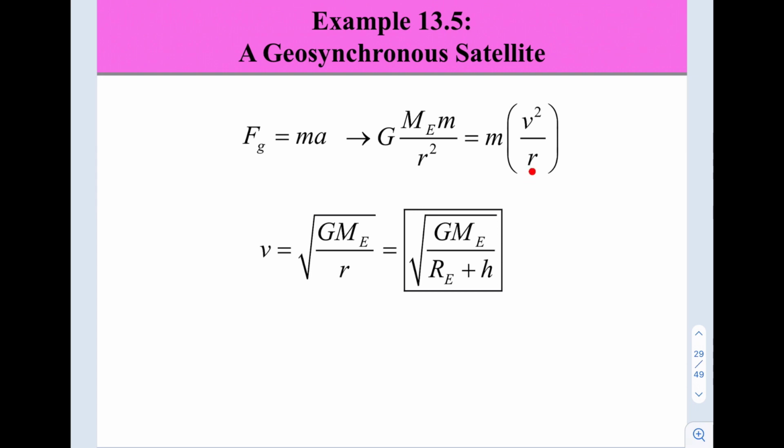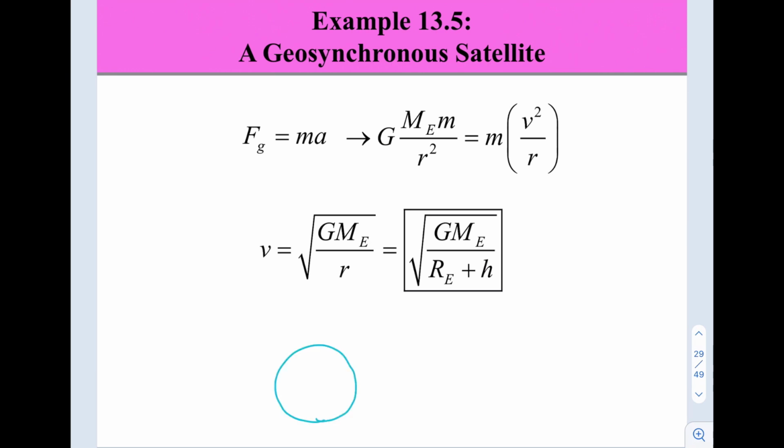So rearrange this because our interest is v. Now we have v equivalent to the square root of GM over r, and the r is actually the radius of the Earth plus the altitude, because remember r must be from center to center.